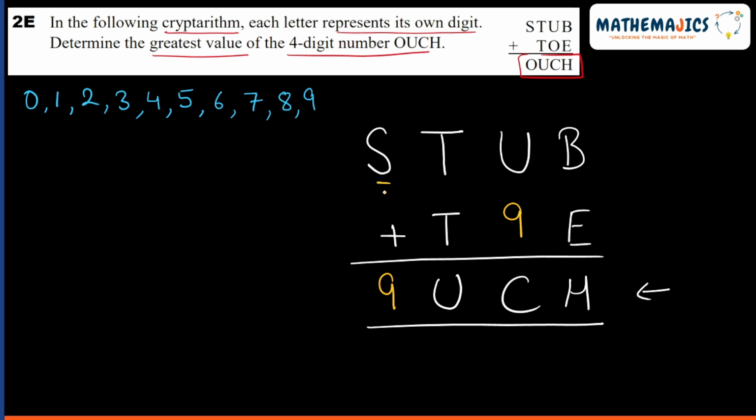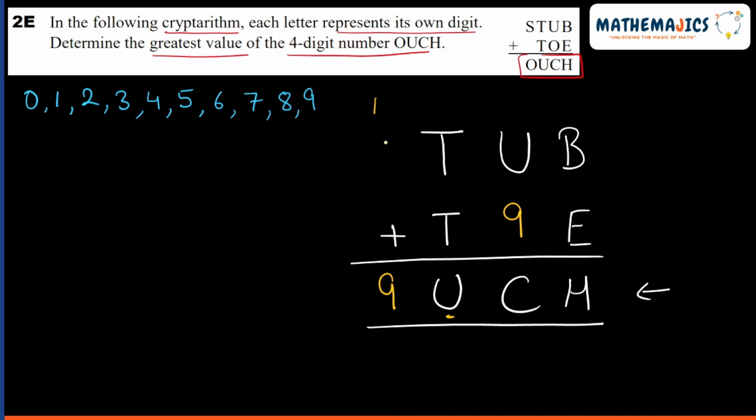The value of S should be 8. And from where will we get that extra one? That one we can get from the carry forward. U must be a double digit number, correct? And that 1 we are getting as a carry forward from that U. Okay, so 1 plus 8 gives us 9. That means S should be 8.